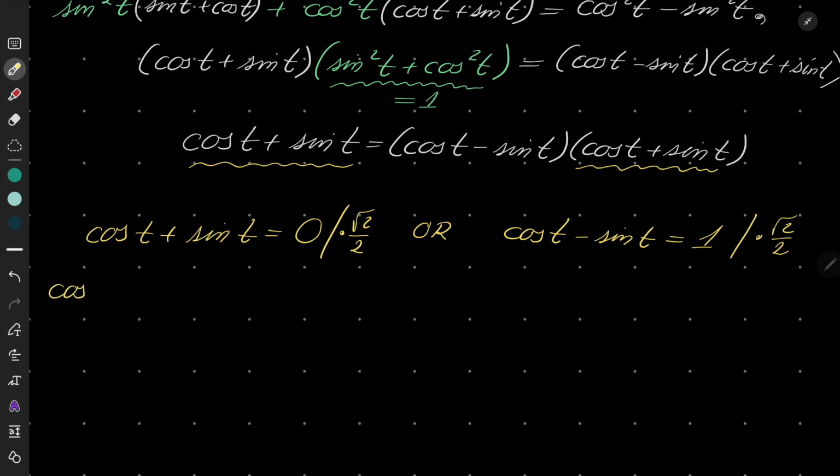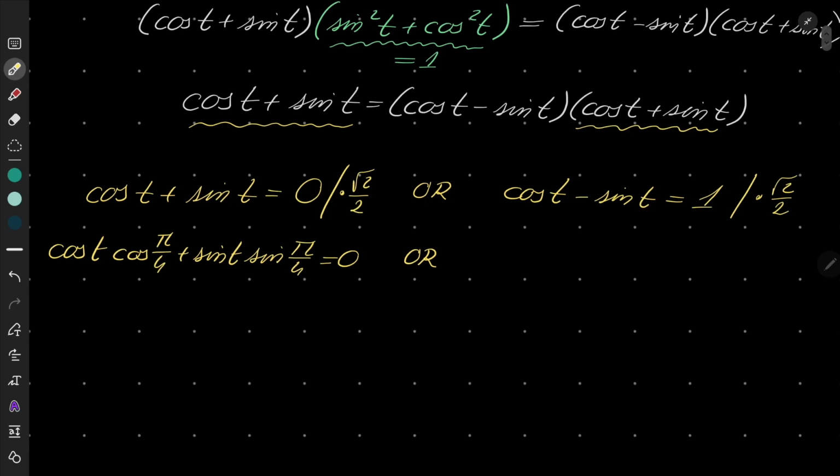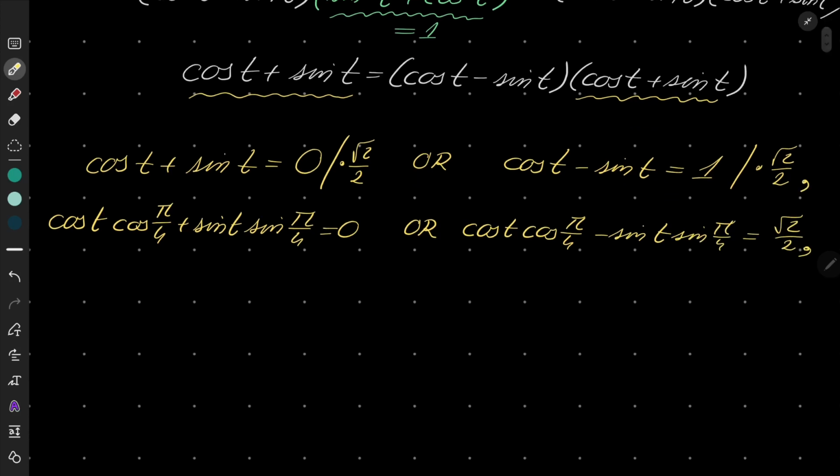So I can write cos t cos(π/4) + sin t sin(π/4) equals 0, or the second option, after multiplication, I do a similar trick, and on the right-hand side I write √2/2.